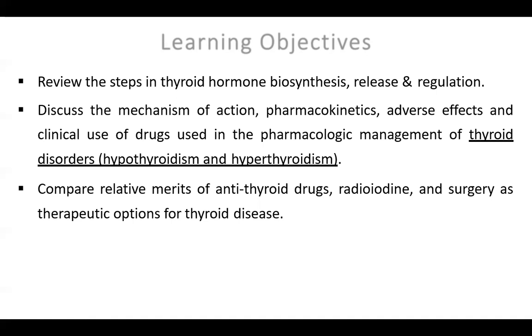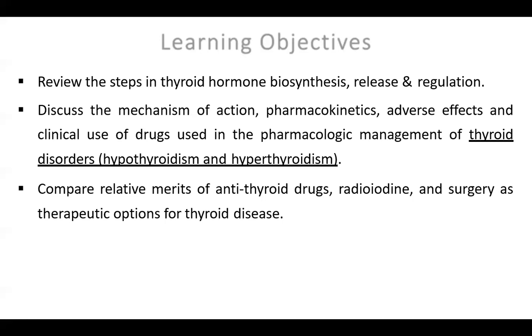And then discuss the mechanism of action of these drugs, whether we're talking about the treatment of hypothyroidism or hyperthyroidism, adverse effects, and pharmacokinetic parameters. Okay? And then we can compare and say which one we give as first-line therapy. That's only in hyperthyroidism. In hypothyroidism, it's only giving levothyroxine.